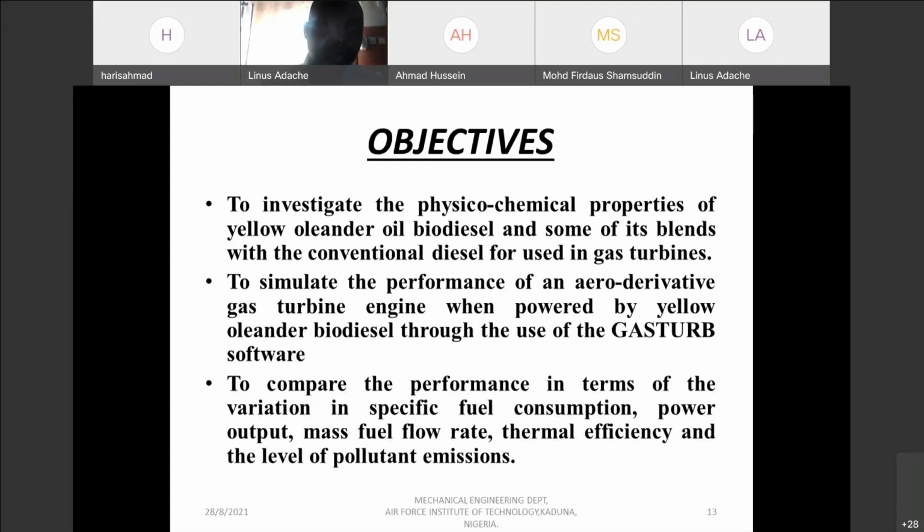Second, to simulate the performance of an aeroderivative gas turbine engine when powered by yellow oleander biodiesel through the use of GasTurb software. Lastly, to compare the performance in terms of the variation in specific fuel consumption, power output, mass flow, thermal efficiency, and level of pollutant emission.